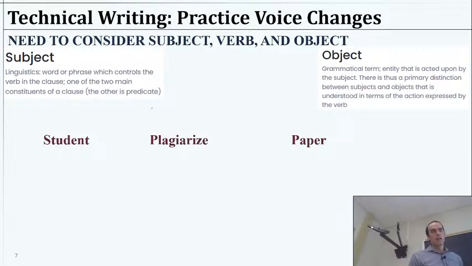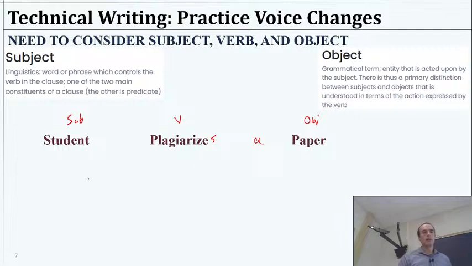This is just a little bit further of an elaboration. So let's say a student plagiarizes a paper. We'll say, if that's our sentence, for now, the subject would be the student, the verb would be plagiarized, and the paper would be an object, right?